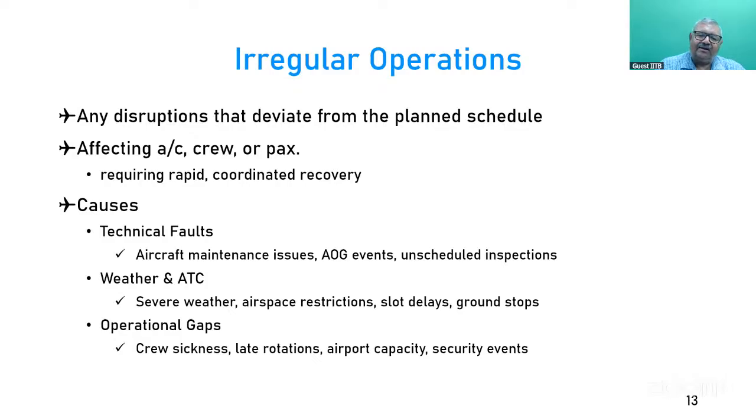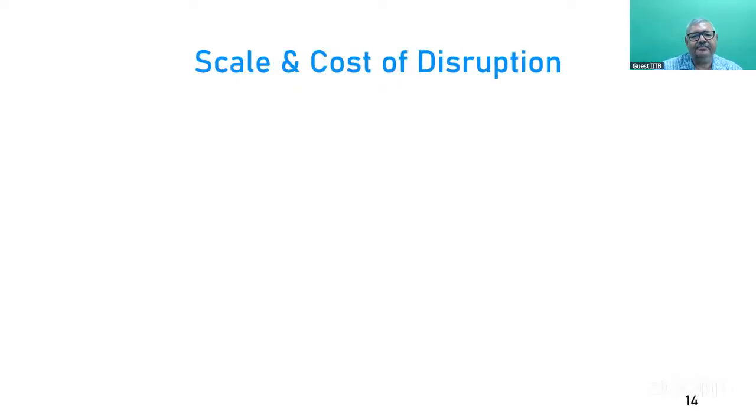There could be a late rotation because the aircraft operations are done by humans. The capacity of the airport could be exceeded, and there could be some security events. A bomb has been detected in some location, and to defuse the bomb, there are a lot of restrictions on movement, and that could lead to some issue. So because of technical faults on the aircraft, weather and ATC, or operational gaps, one can have IROPS.